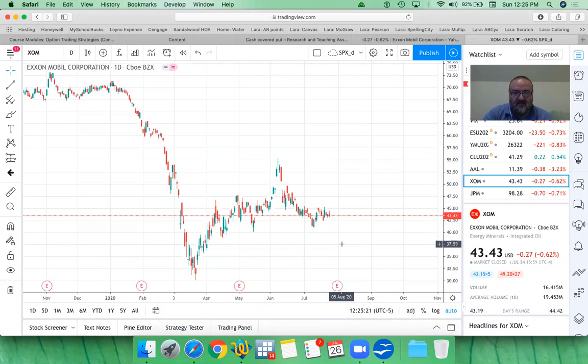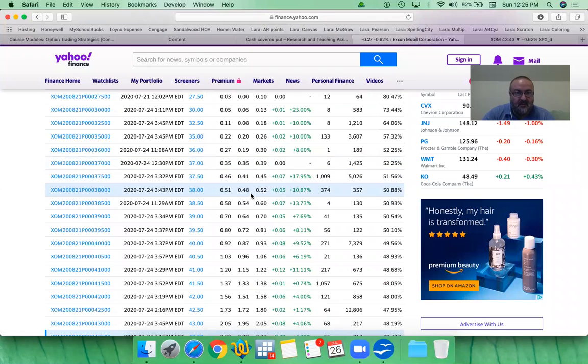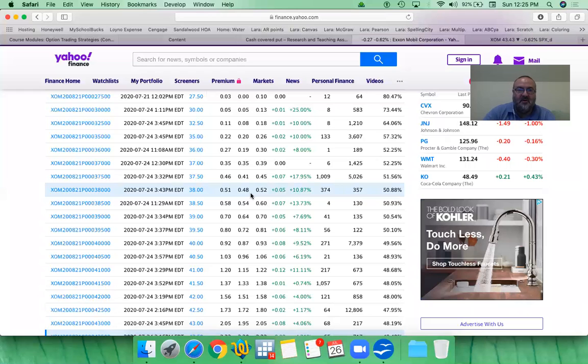So if you were to write it, say, at 38, then your risk would be somewhere around this level. And your price at 38 would be 48 cents per share, $48 per contract.